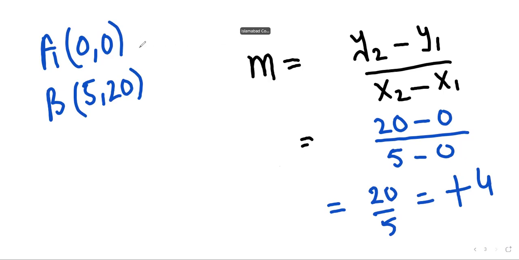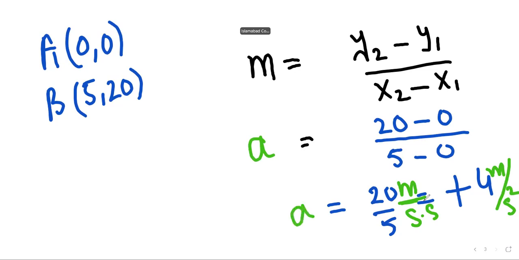On y-axis it is velocity, and the unit of velocity is meter per second. On x-axis it's time, and the unit of time is seconds. So the unit of 4 is meter per second square. So meter per second square is acceleration.